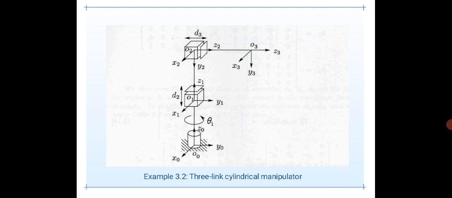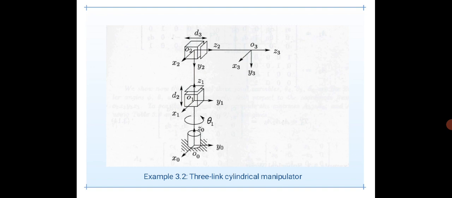And this is a three-link cylindrical manipulator. Again you could see here we have the base frame, which is denoted with x0, y0, z0, and the origin is at o0. Similarly we have a movement in the second frame, denoted with x1, y1, z1, and the linear movement is denoted by d2.